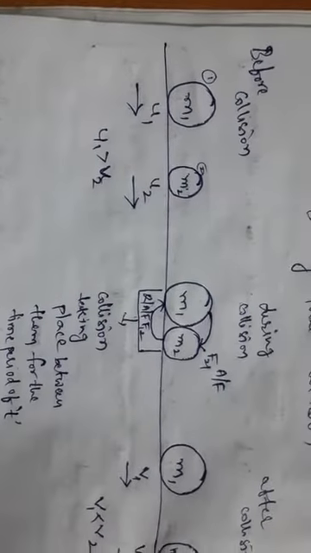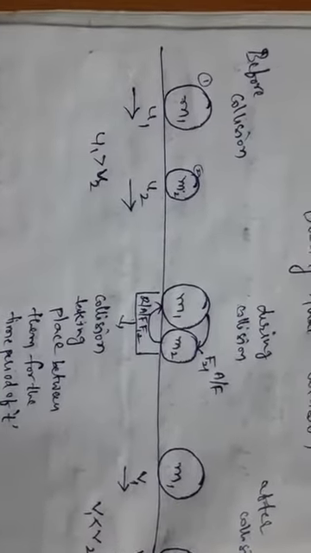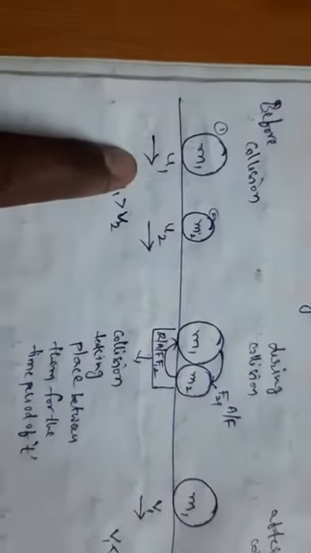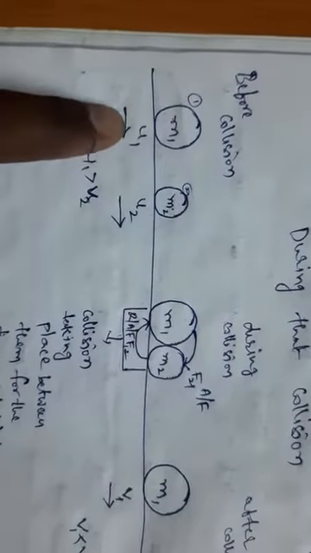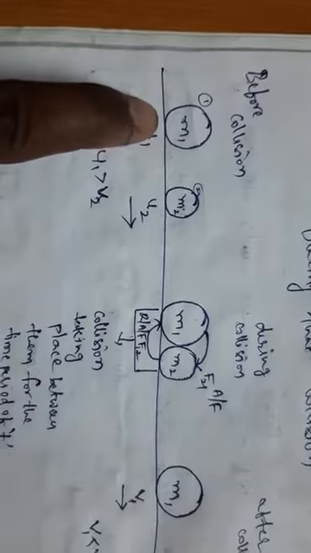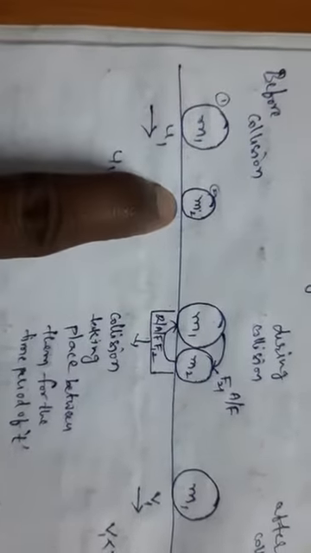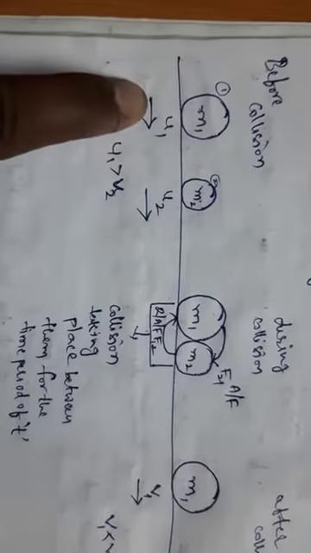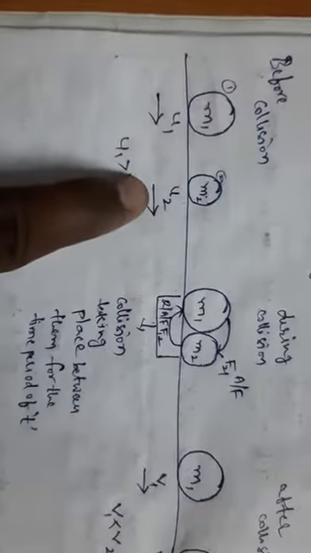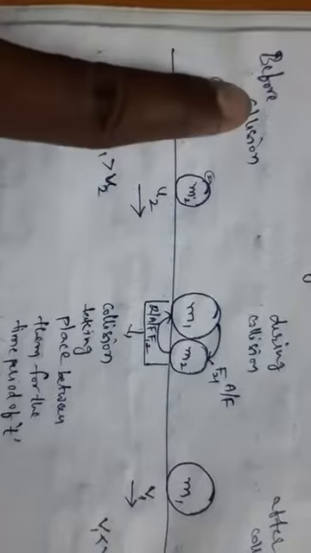So see the diagram before the collision. The mass of the first object is m1, the mass of the second object is m2, the velocity of the first object is u1, the velocity of the second object is u2 before collision. During the collision, what will happen?